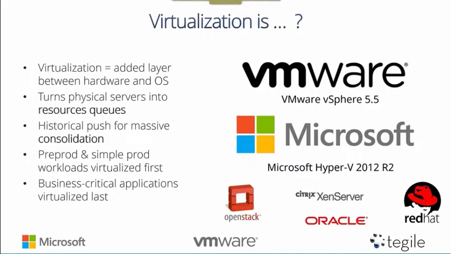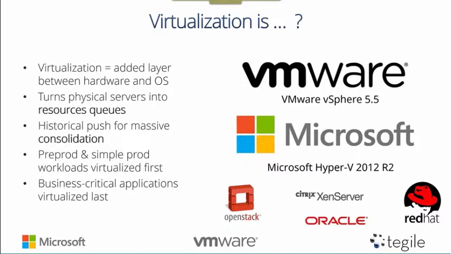Okay, so functionally, from a DBA standpoint, what really is virtualization? There's a lot of misconceptions and misnomers out there around what it really is, because as data professionals, we may not necessarily have a lot of hands-on access to the hardware of these virtualization platforms. So functionally, all it is is a small added layer between the hardware and the operating system that turns these physical machines, and a group of these physical machines, into a collection of resources.